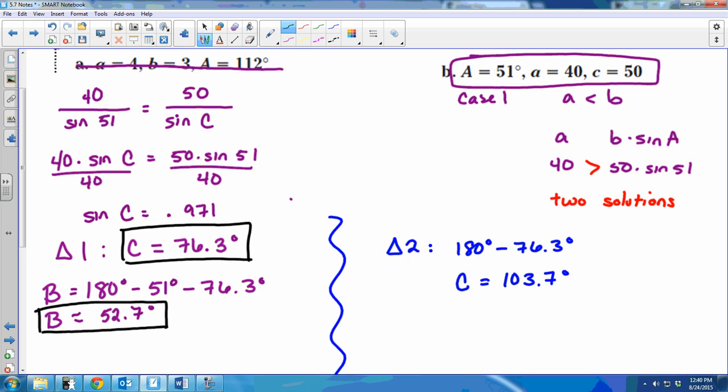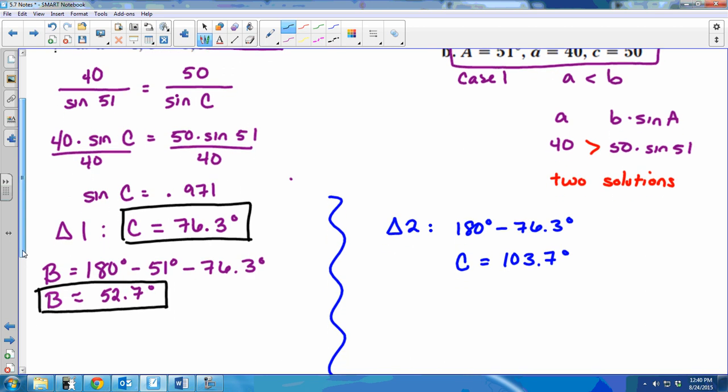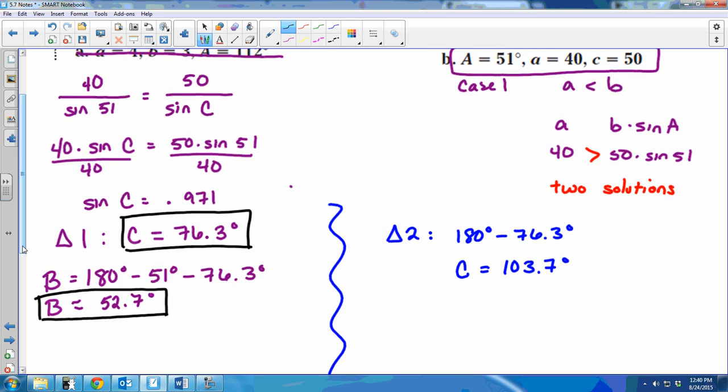We have side A and side C that were given to us. We have angle A, angle B, and angle C figured out, so we're just missing side B. So we just use the law of sines to find side B. So 40 over the sine of 51 degrees equals B over the sine of 52.7 degrees.